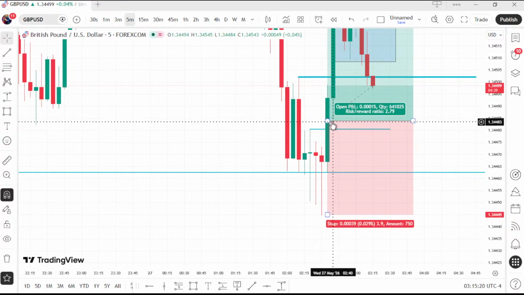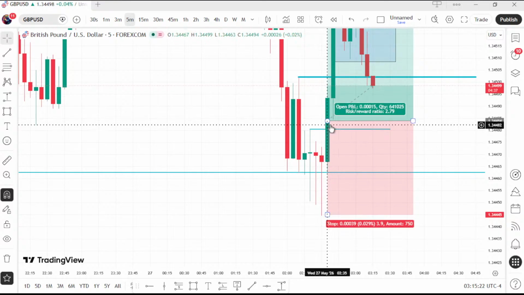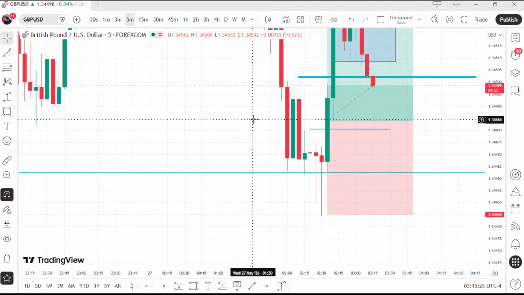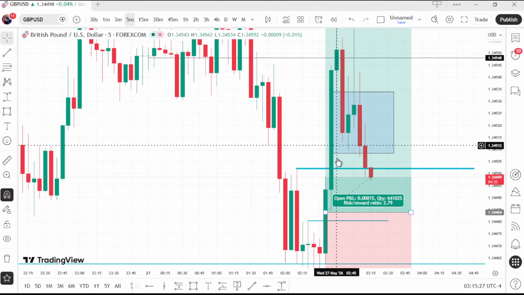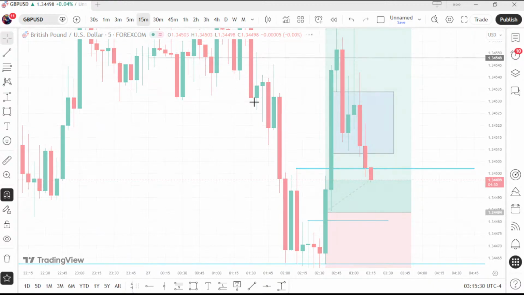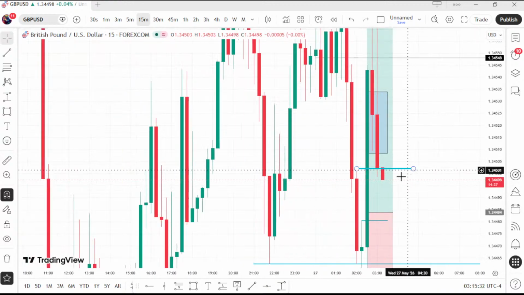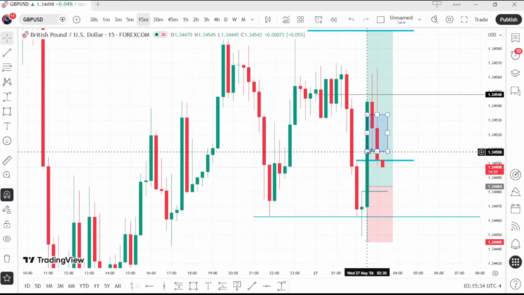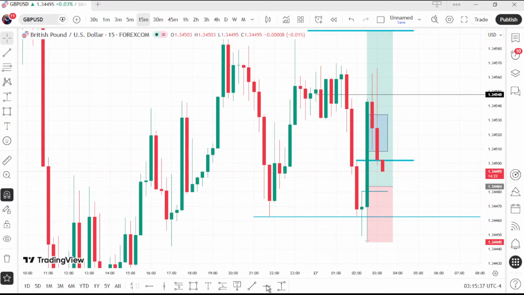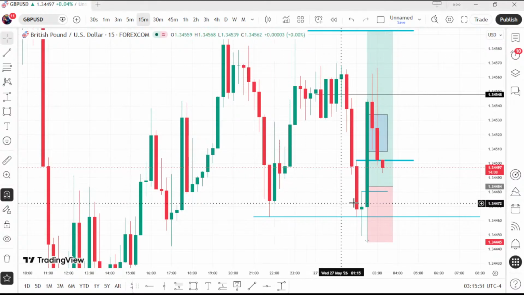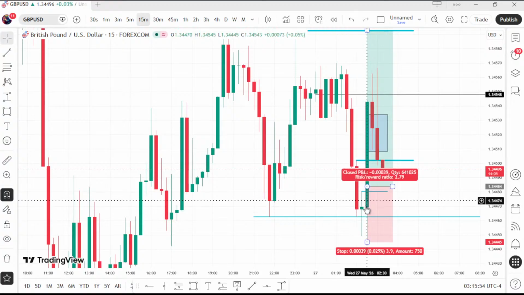Let's watch this fair value gap in the 5 minute. But this consolidation is not an entry that I will want to enter at another position. No. Let's see and let price take us out.